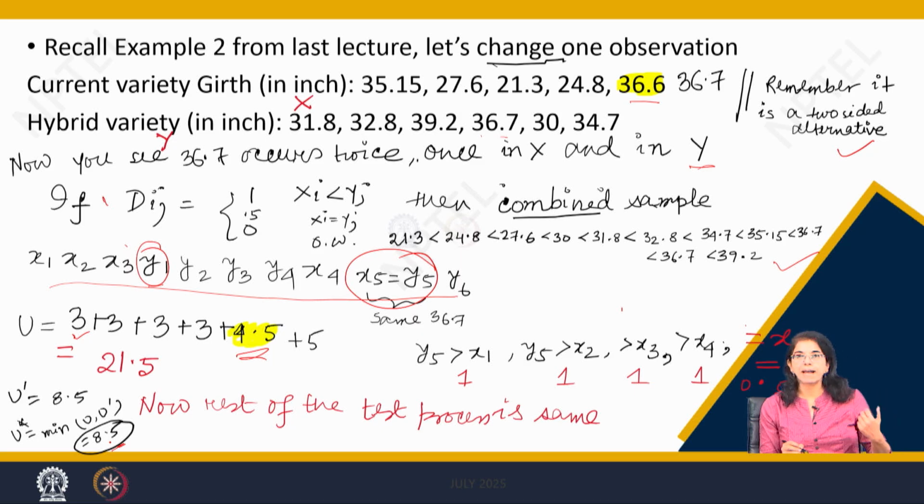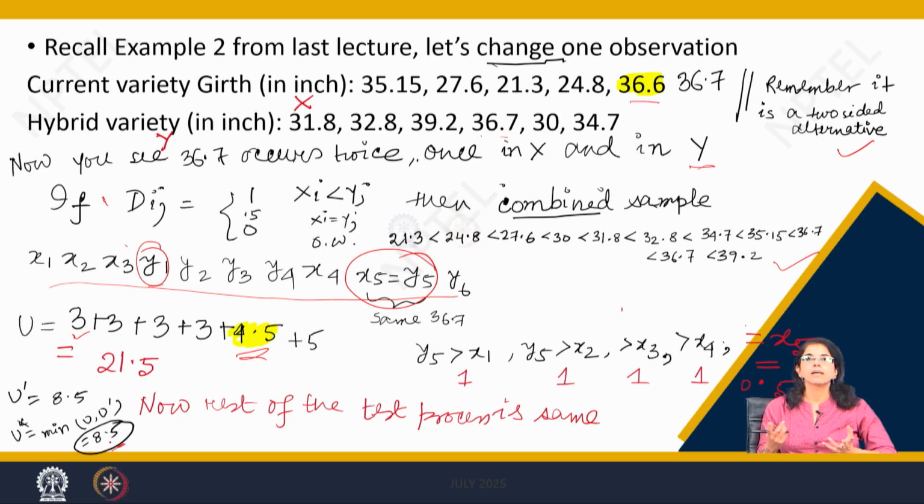Now you have to get back to the table and check whether the null hypothesis holds. What was the null hypothesis? Just a quick reminder, the null hypothesis for this particular problem was whether the median girth length, or the location related to the variable girth in the current variety and the location related to the hybrid variety, are the same, or the hybrid variety location parameter is bigger.